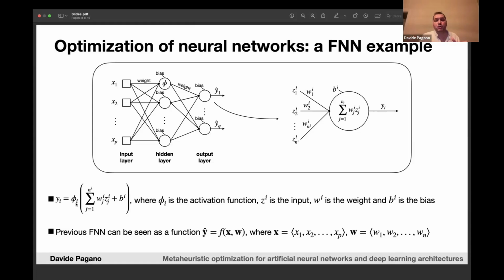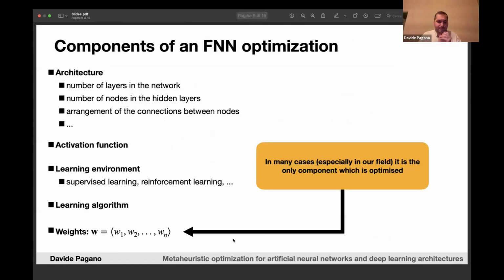Now, once we choose the structure of the neural network, and of course also the activation function, the output of the whole network, here denoted with y hat, is a function of the input layer x and the weights. So thanks to this, we can formulate the training of a neural network as an optimization problem. It's important to mention that the optimization of a neural network goes beyond the optimization of the weights.